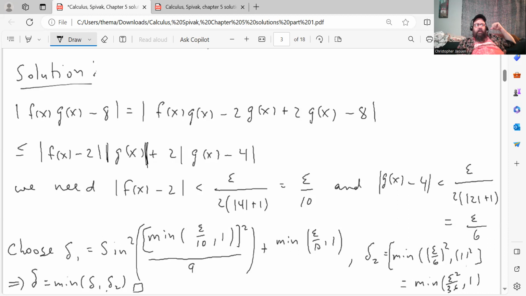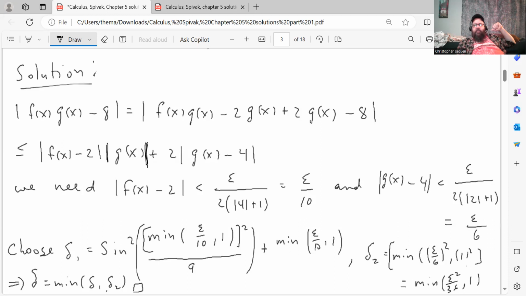So we take delta 1 to be the minimum, this simplifies to (min(epsilon/10, 1))^2 divided by 9 plus min(epsilon/10, 1), and that gives us a bound for this.